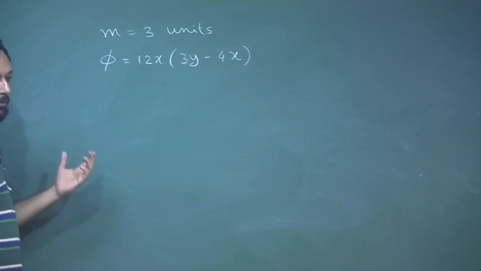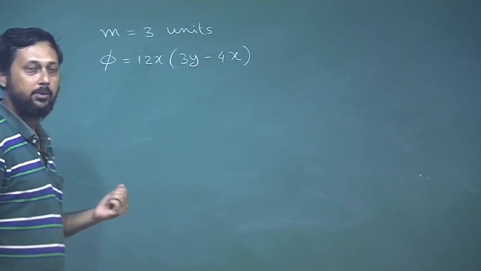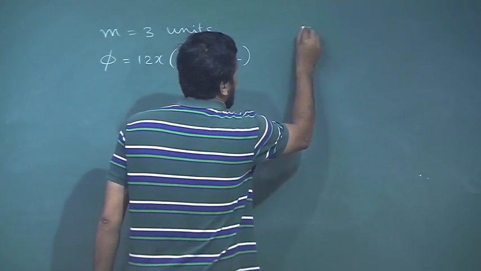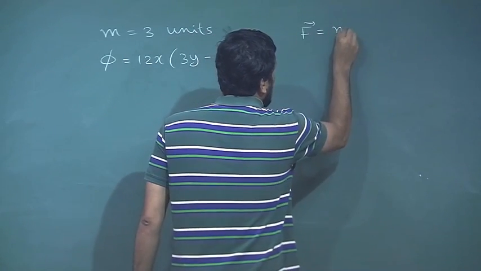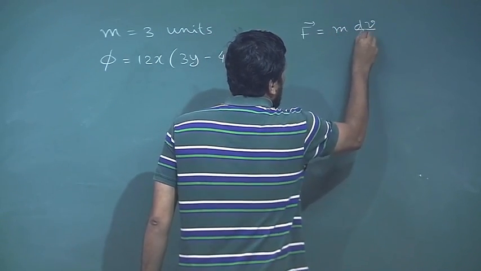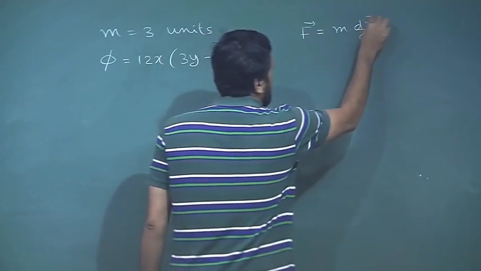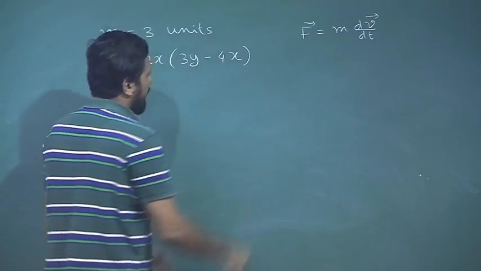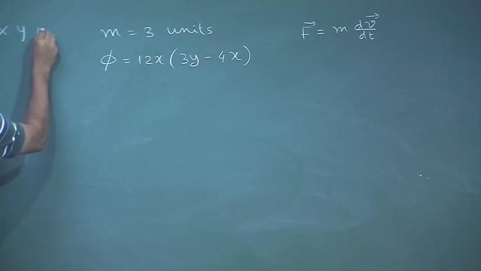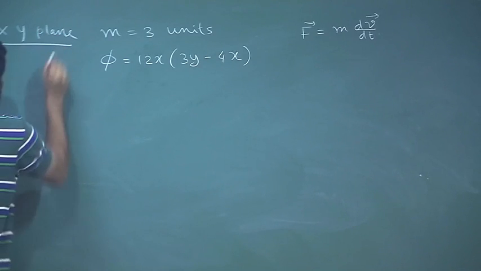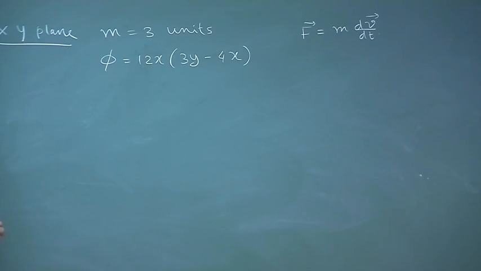Now, how do we compute the equation of motion? We know that the equation of motion essentially is F equal to m dv/dt, in this case v, as the particle moves in the xy plane. This is very important, because as the particle moves in the xy plane, the position vector will have two components, x and y.